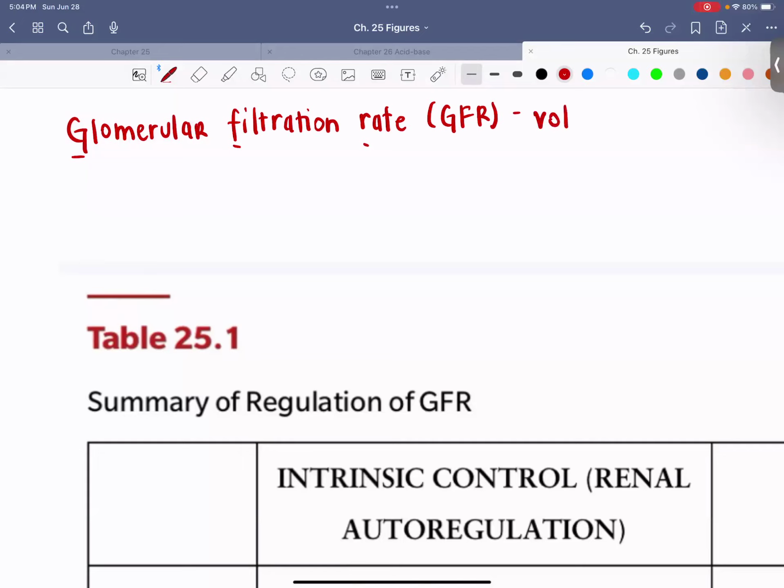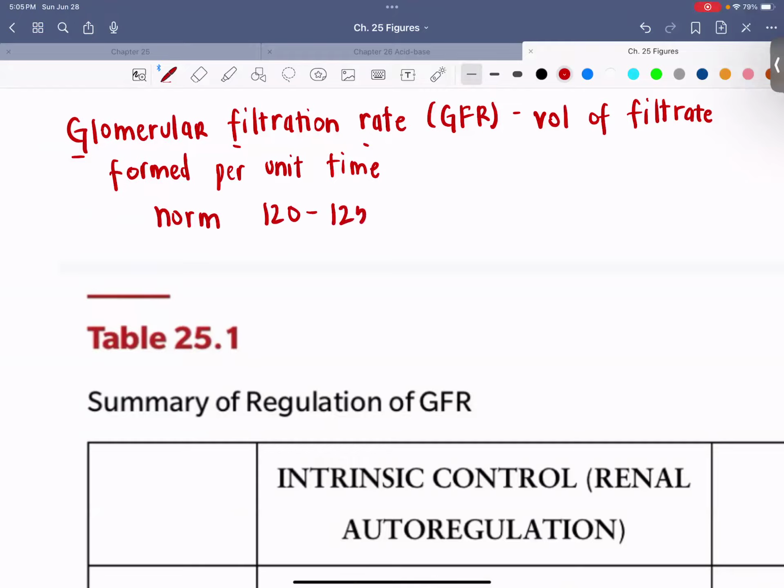This is defined as the volume of filtrate formed per unit time. Glomerular filtration rate is used to stage kidney disease. It's normally about 120 to 125 milliliters per minute.